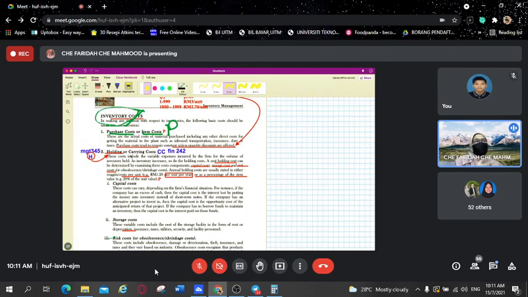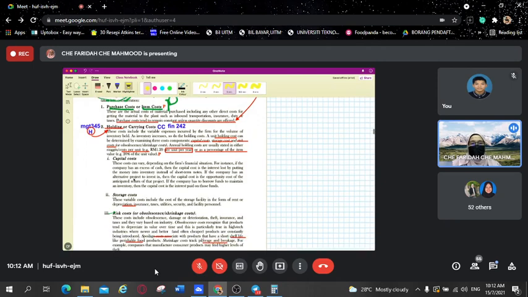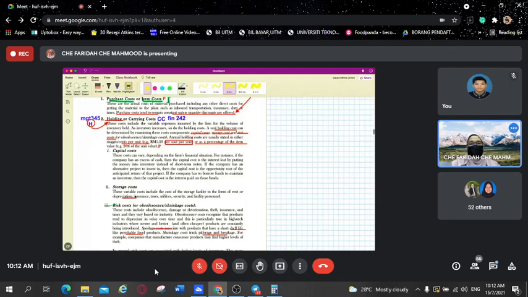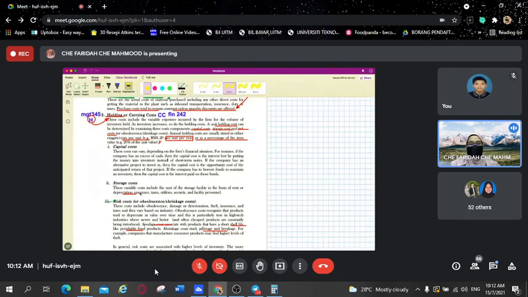In operations, we use the word holding cost, but in finance, we use carrying cost. So the holding cost consists of the capital cost, the cost of purchasing the materials, and the storage cost, which is when you have to put it in the store. The storage cost includes depreciation and insurance.